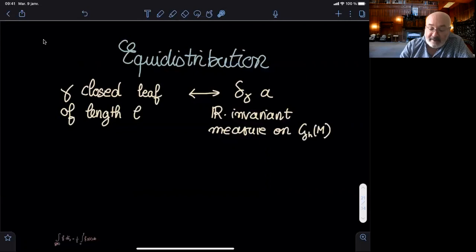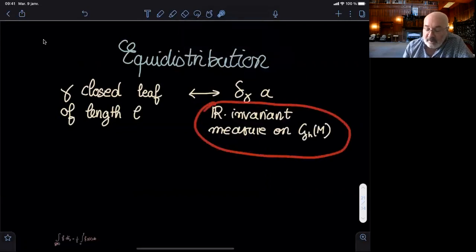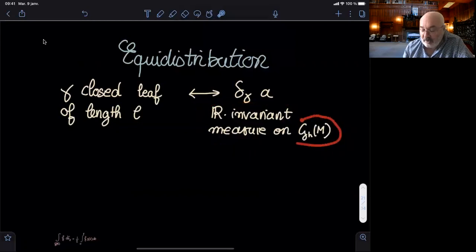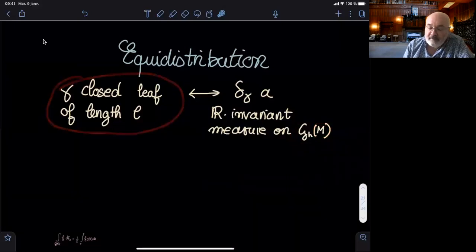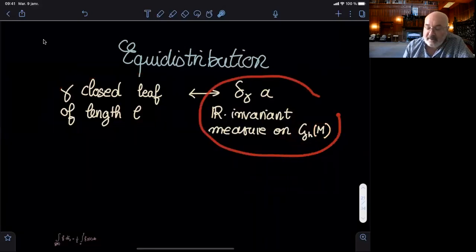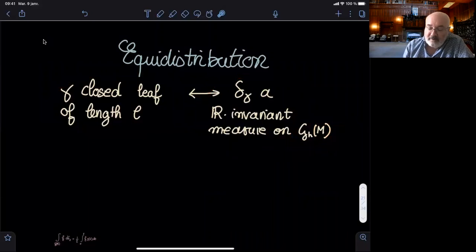I want to explain at least one way to construct an R invariant measure on this space of geodesics. So again, M here is closed. If you have a closed leaf of length L, this corresponds to a nice R invariant, and maybe I should add probability, measure.